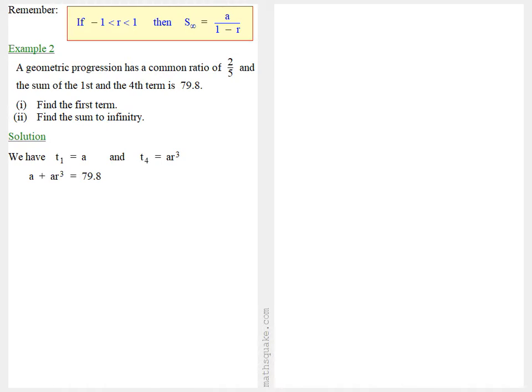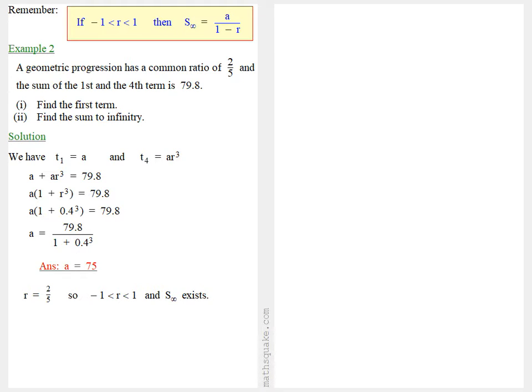So we have a plus ar cubed equals 79.8. So if we factorise it, a into 1 plus r cubed is equal to 79.8. So a into 1 plus 0.4 cubed is 79.8. So a is 79.8 over 1 plus 0.4 cubed. And if we type that into a calculator, we get a is equal to 75.